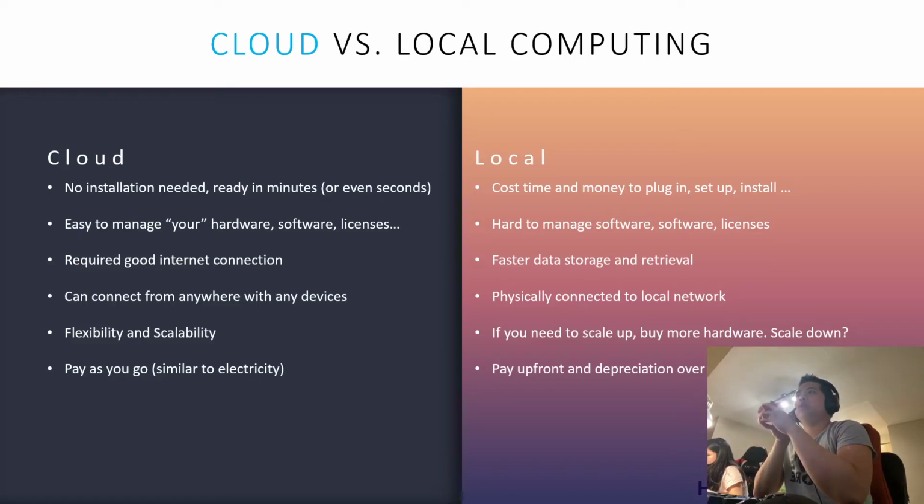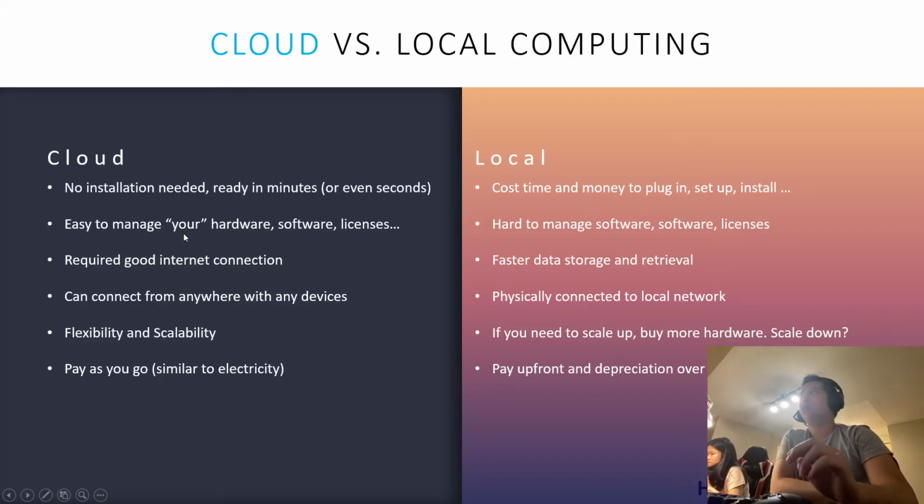If it's local, you have to spend time and money to plug things in, set up, install, and a lot of things. In cloud, it's easy for you to manage your hardware, software, and licensing. Actually, it's not your hardware. You're just renting the hardware from the provider, so it's not yours. That's why I put "your" in double quotation marks here.